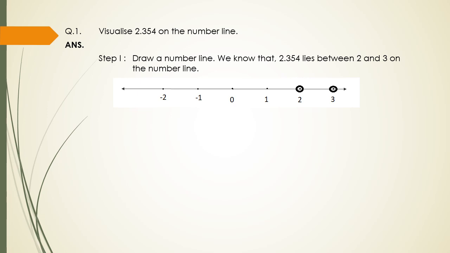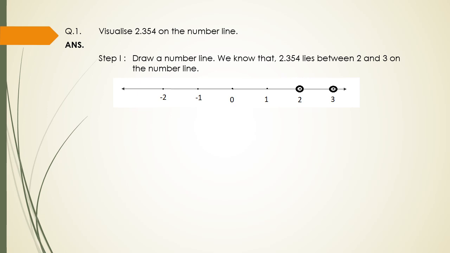Now we know that there are uncountably many real numbers between any two given numbers. We have taken these integers because our required number 2.354 lies between 2 and 3. So now there are infinitely many numbers in this interval 2 to 3.